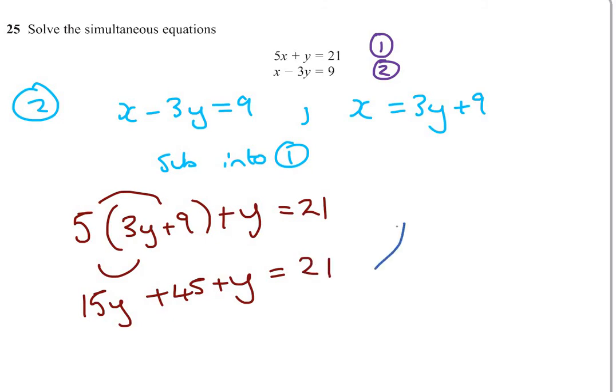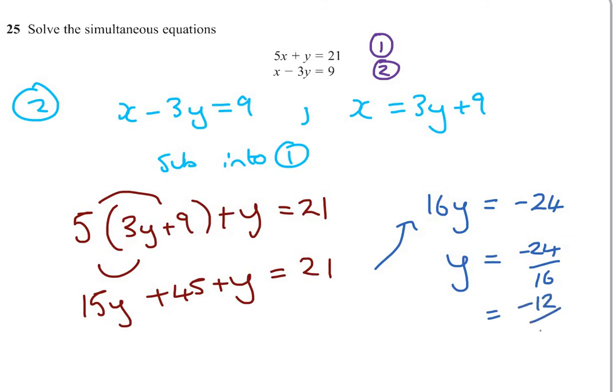And collecting, we get 16y, and then 21 take away 45 is going to be minus 24. Okay, so we need to do y equals minus 24 divided by 16. This is the same as minus 12 over 8, which is minus 6 over 4, and that's minus 1.5.